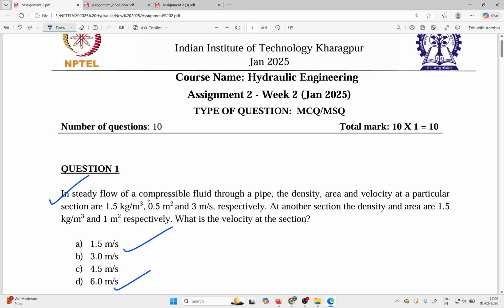And remember, here it is a compressible fluid. We have discussed a lot about compressible and incompressible fluid in your first week, so hope you remember. And steady flow. These are very important fluid mechanics stuff.